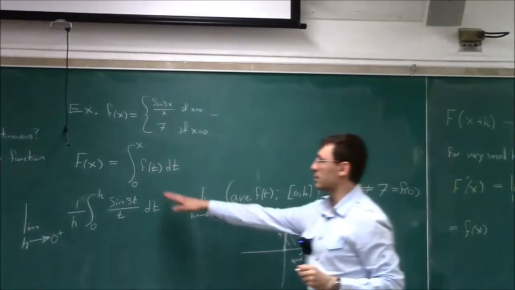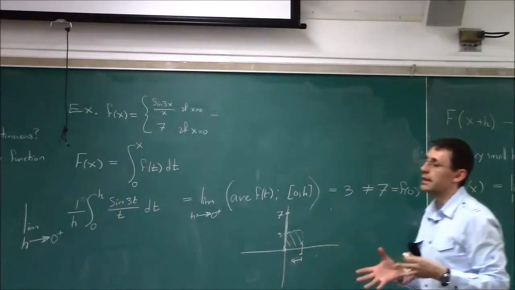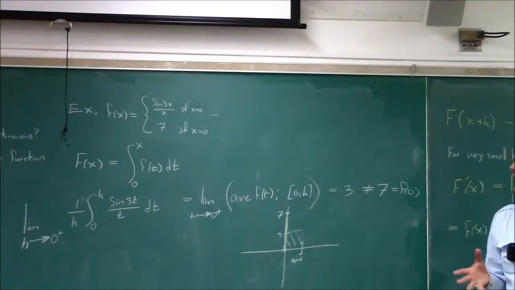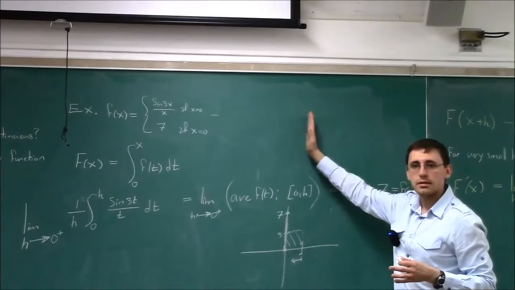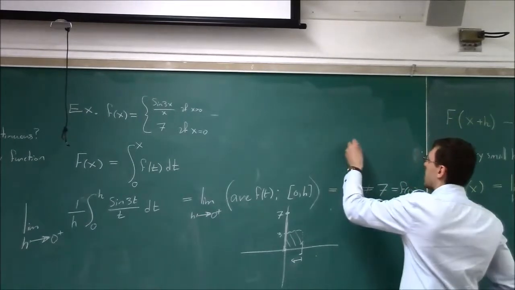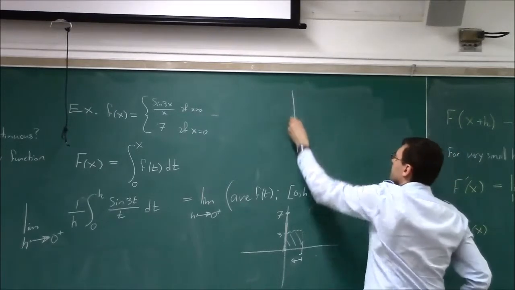In essence, what I'm trying to show you is that if it's not a continuous function, the average is not necessarily going to be like the value at x. It could be an outlier, right? So what can happen is this, in terms of a non-continuous function.